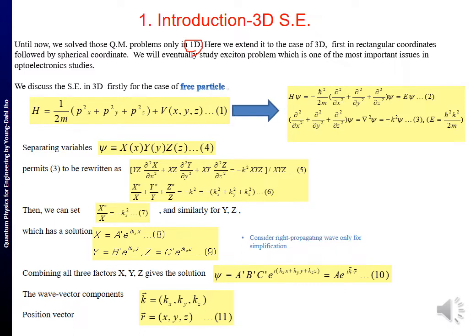We will eventually study the excitonic problem, which is one of the most important issues in optoelectronic studies. An exciton is a pair of electron and hole under Coulomb attraction. So one positive charge, one negative charge, and it is almost the same as the hydrogen atom problem. We know the hydrogen atom.